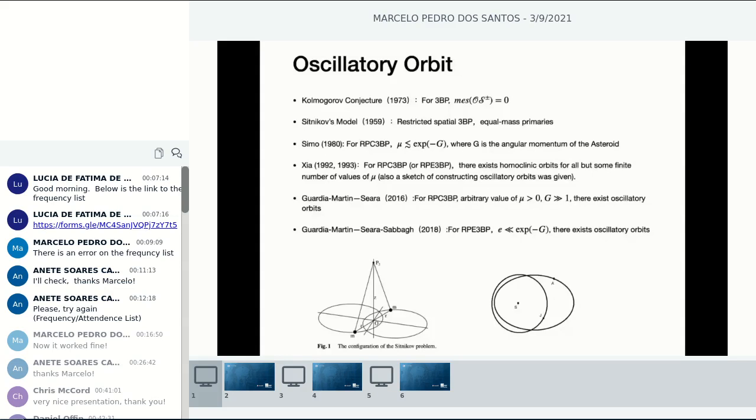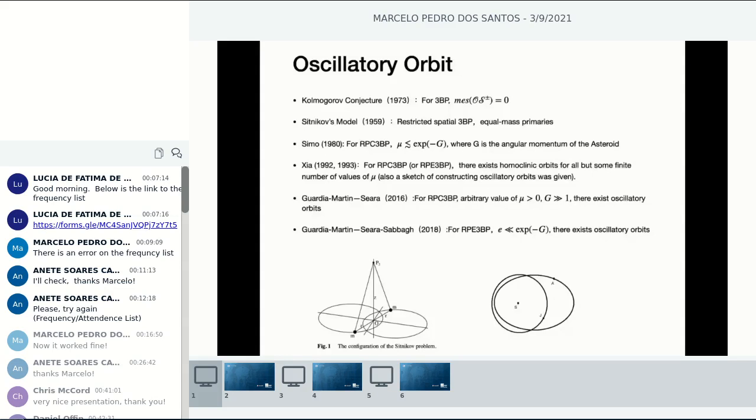Then Sitnikov's successor Moser, in the 1970s... then Alekseev's, and later in the 1980s, for the planar circular three-body problem, he got the existence of the oscillatory orbit.